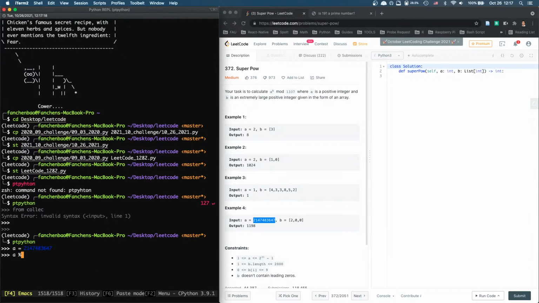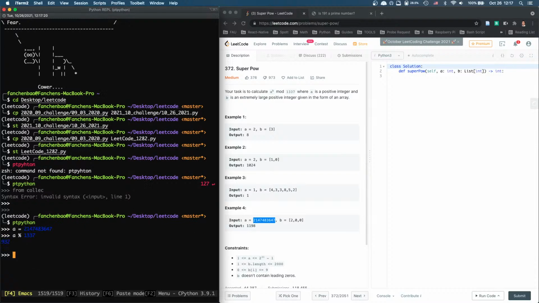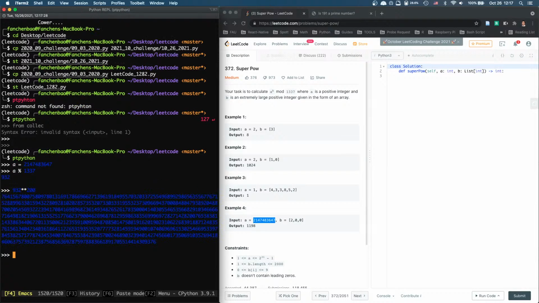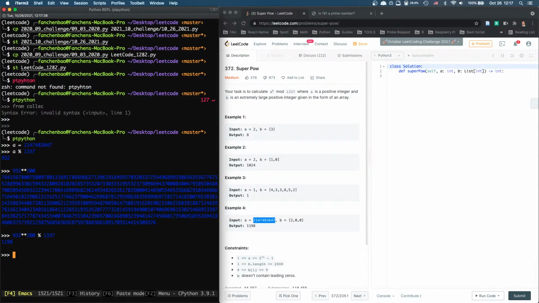A mod 1337 gives us 932. So basically we calculate 932 to the power of 2000. Oh, that is a giant number. And we calculate this mod 1337. That's the answer.